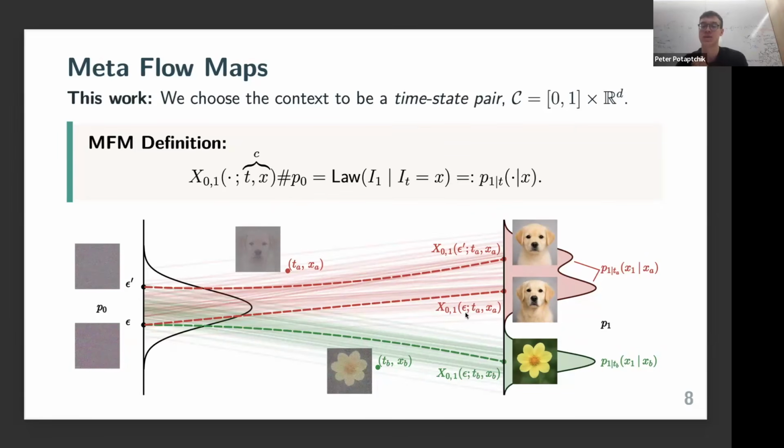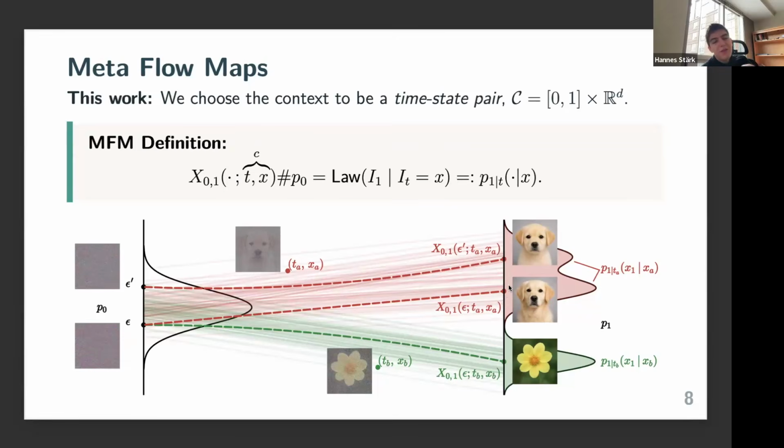If I let my first input be epsilon, my prior sample from the Gaussian, notice that if I plug in the exact same noise sample, with the noisy dog as my context information, this sample is going to be transported to a clean dog, a sample from that posterior.